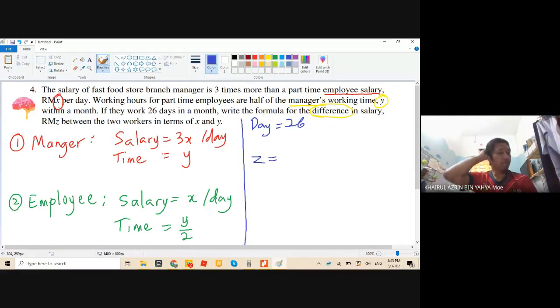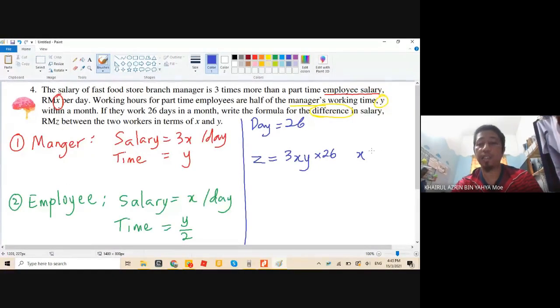So we start with manager first. Manager, the salary is 3X, multiplied with Y, the working time, multiplied with 26, 26 days working. And then for employee, the salary is X per day, multiplied with time.